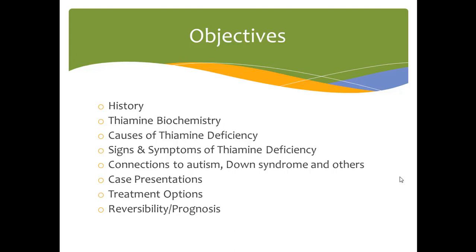Treatment options, certainly we're not just giving thiamine, we're giving specific forms of thiamine, looking at root cause, etc. And then a little bit about the prognosis, reversibility of thiamine deficiency, because it does impact brain development, and so can we heal the brain after a thiamine deficiency?